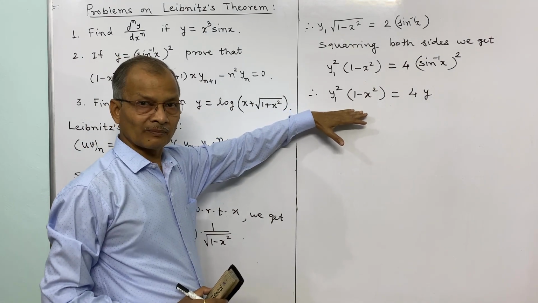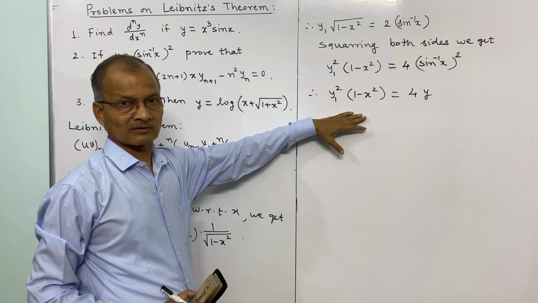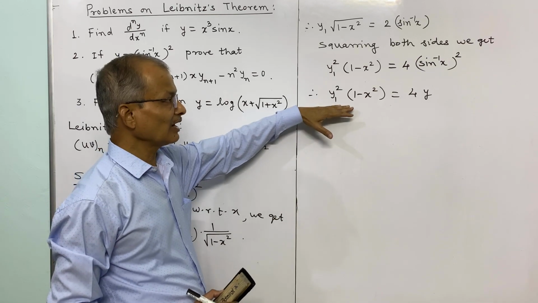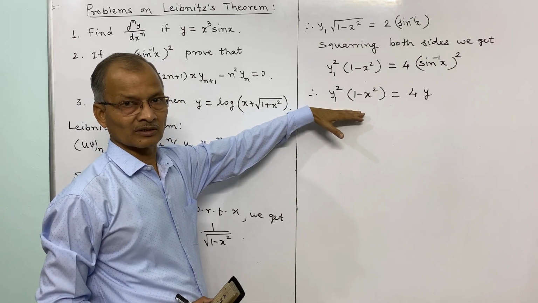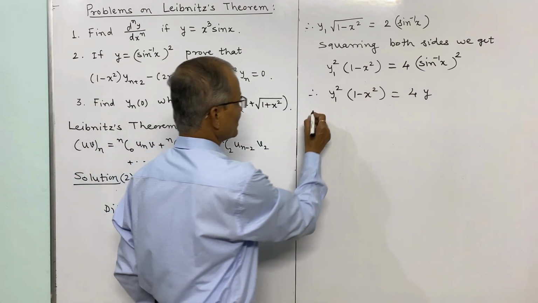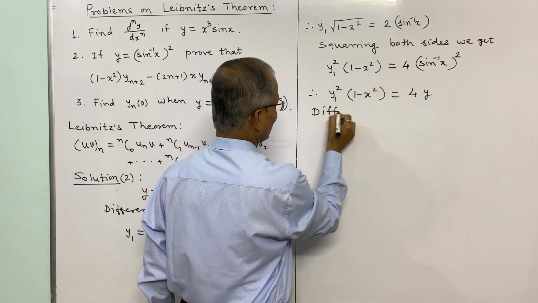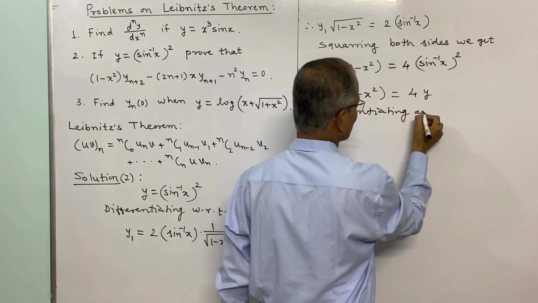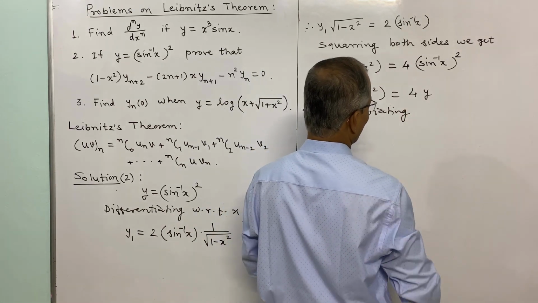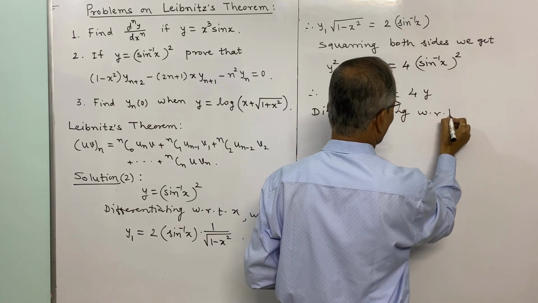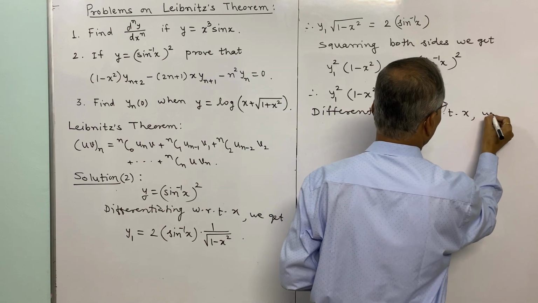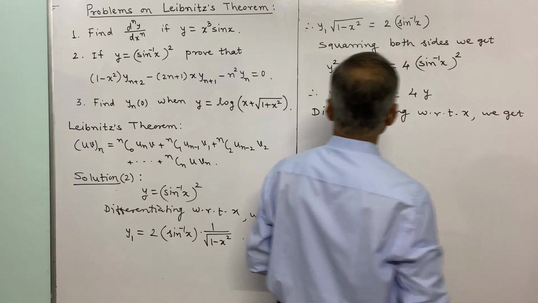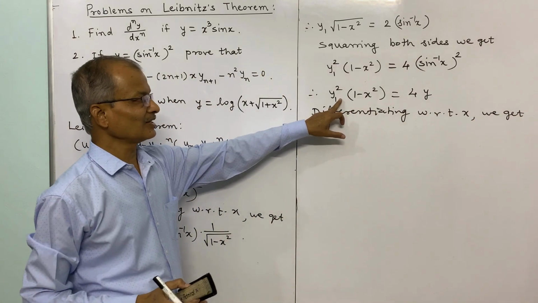Now we differentiate this again once, only once. Then we will get a relation or equation in terms of y2. Differentiating again with respect to x, we get, now here on the left side, see, it is a product.